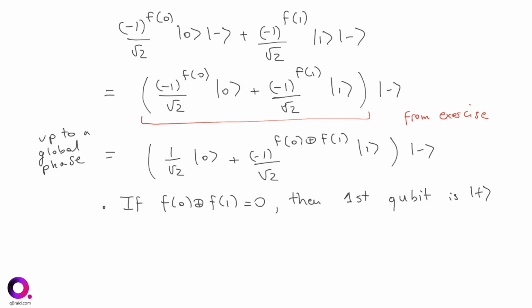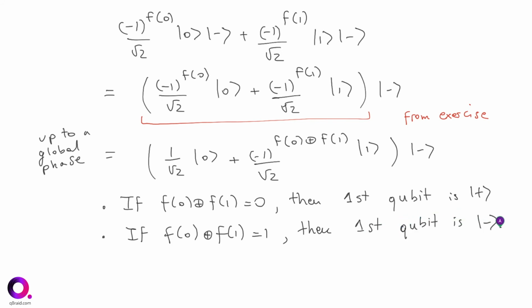And on the other hand, if f of 0 XOR f of 1 is equal to 1, then the first qubit is in the state minus. And so at this point, the second qubit has served its purpose. We can just ignore it.